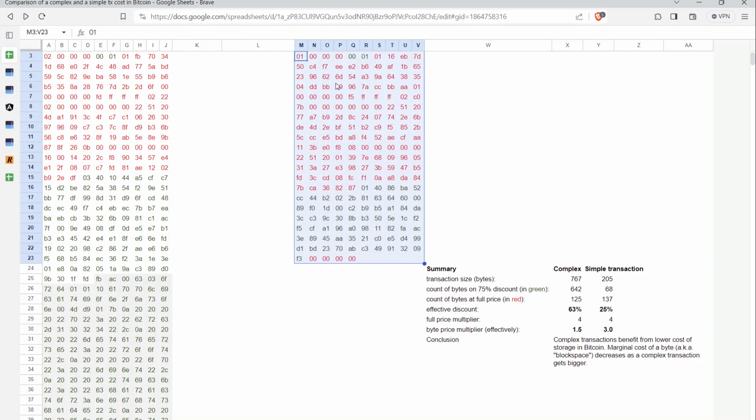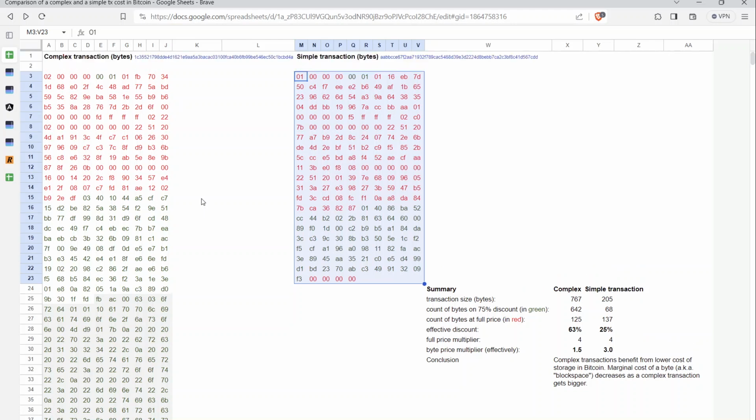So, for example, we could put all the data from here to this area, and then they could be treated as subject to the discount, right? That would be a very good question. That shows the absurdity of the witness discount.